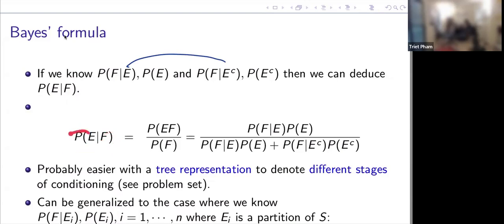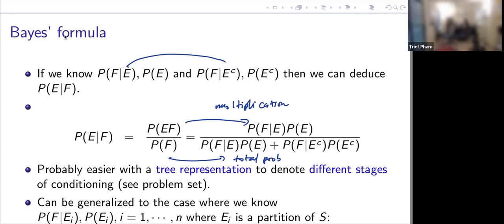By definition it is this, and then this is the multiplication principle. But then notice this is exactly the law of total probability. So the law of total probability is at the heart of Bayes' formula. That's why it's important in many ways.